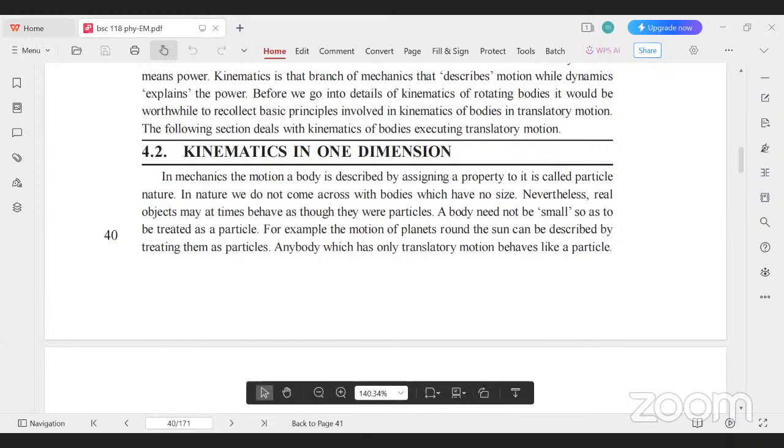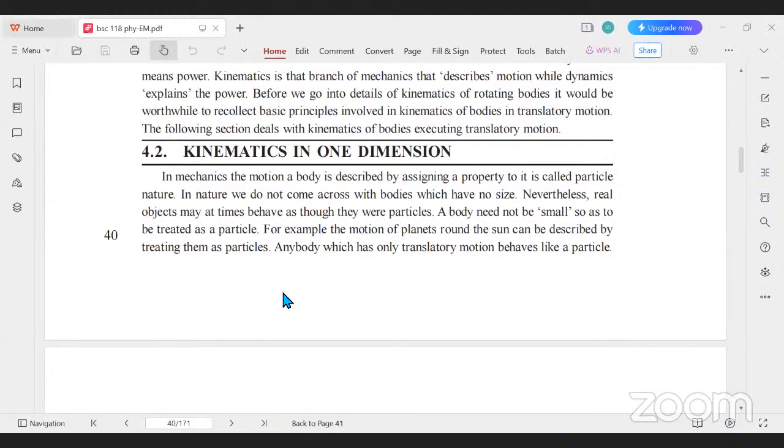So this is an example of kinematics, how the planets rotate around the sun, treating them as particles. We are talking about a particle, so we go further in depth into particles.